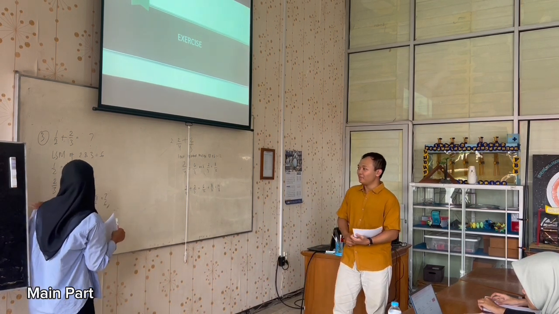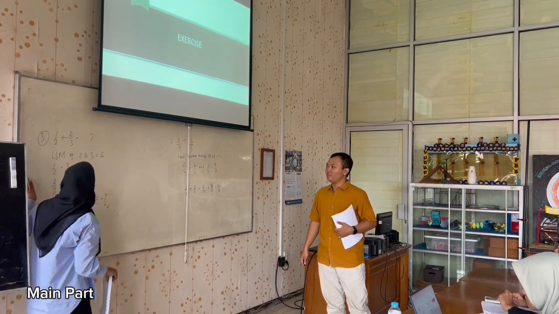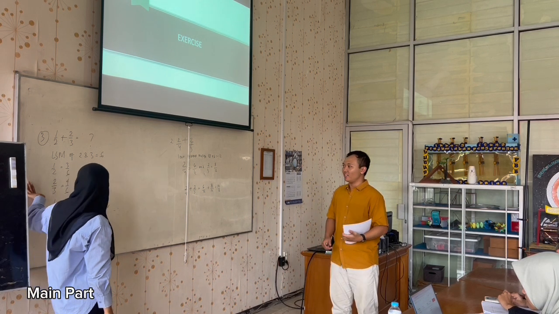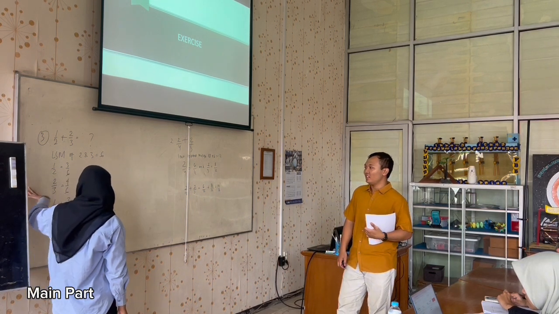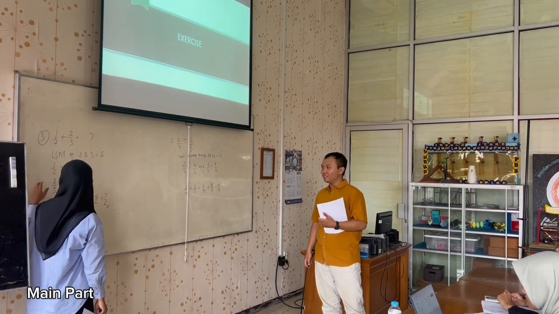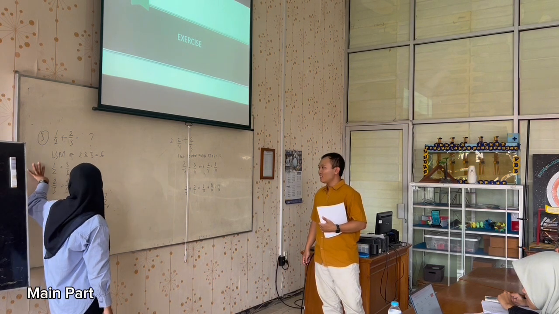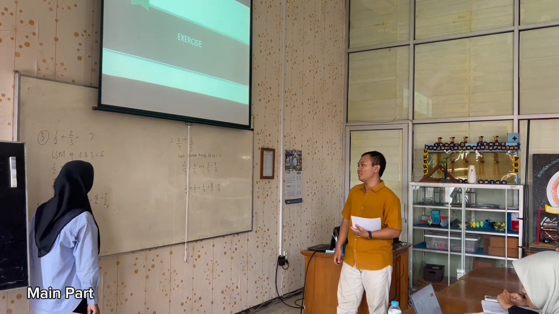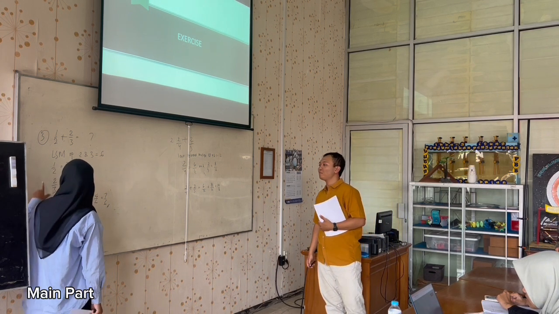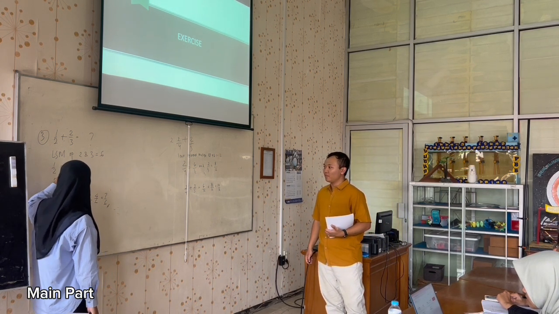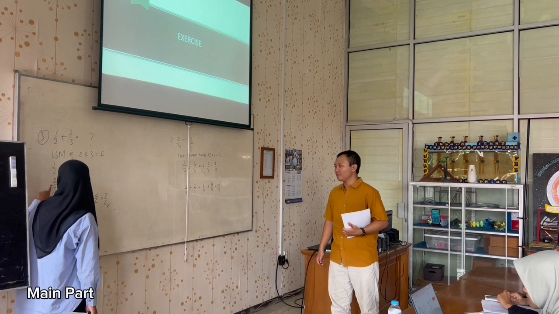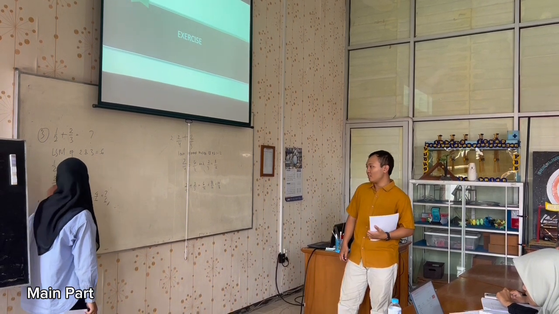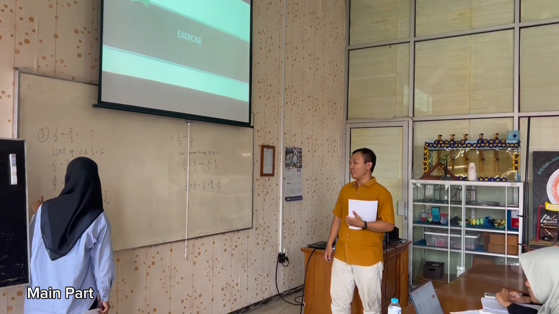So the question is 1 over 2 plus 2 over 3. To solve the problem, we find the LCM of 2 and 3. So the LCM is 6. So 1 over 2 is 3 over 6, and 2 over 3 is 4 over 6.